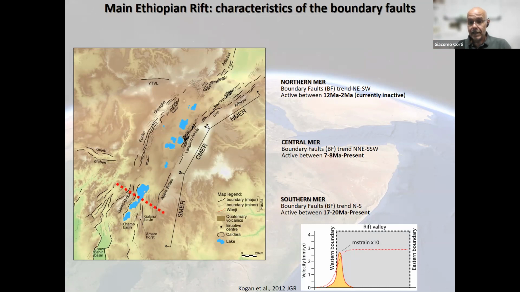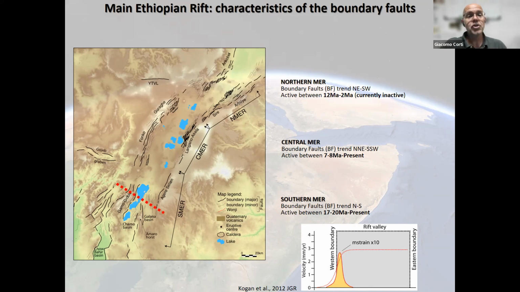The other important point is that in the southern part of the rift, these large boundary faults still accommodate a large part of the deformation. GPS data confirm this, suggesting that a lot of the deformation is still accommodated at the rift margins in the southern part.